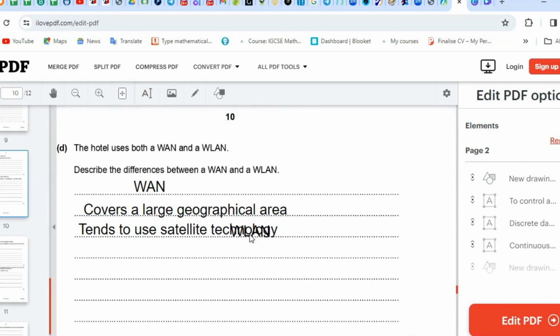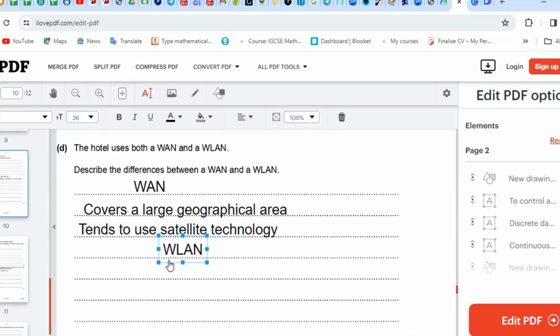One is that it covers the hotel site only. That is, it covers a particular area. Immediately you move out of the hotel, it can no longer cover you; it won't be accessible to you anymore once you leave the hotel premises.